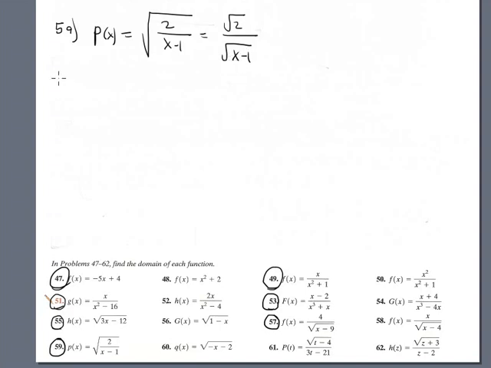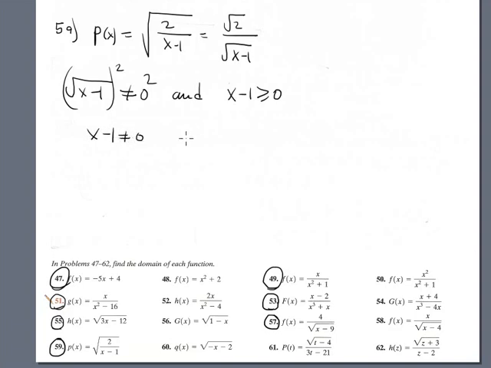So this is a combination. Again, radical x minus 1 must be different to 0 and the expression inside the radical must be non-negative. Okay, square both sides, x minus 1 must be different to 0 and also x greater than or equal to 1, and in this case x must be different to 1.